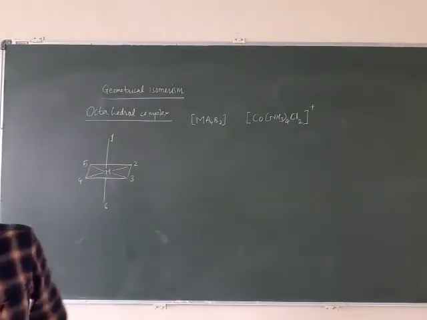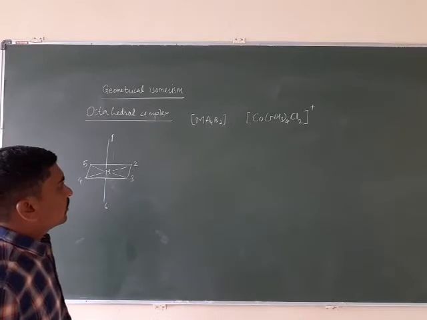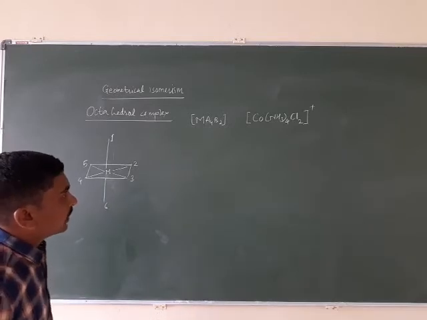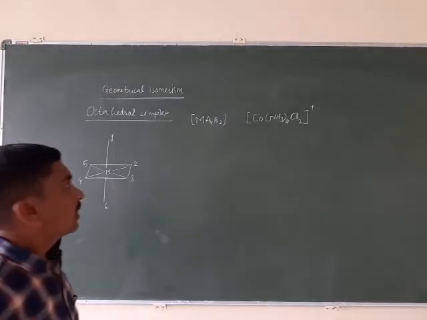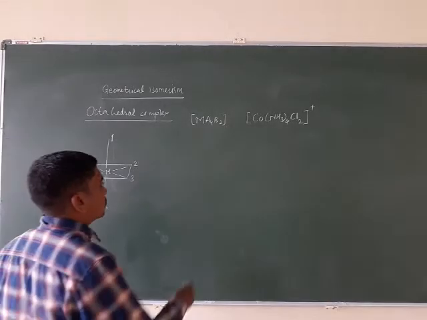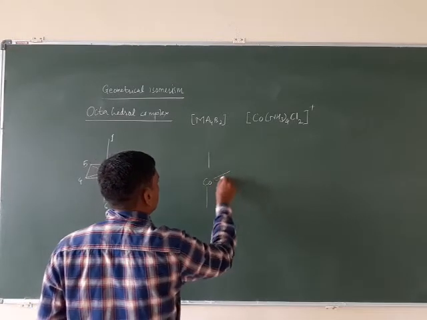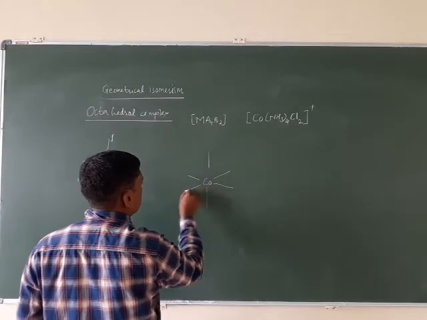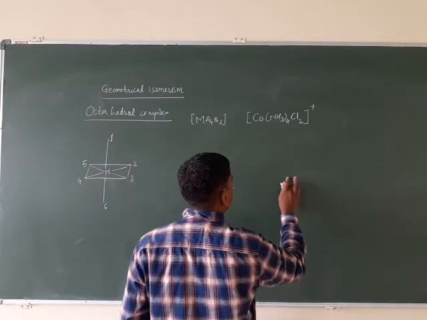For this particular complex, we can write a structure which gives cis and trans isomers. So we will write for cobalt, this one and another one.